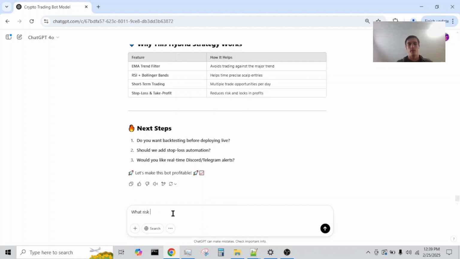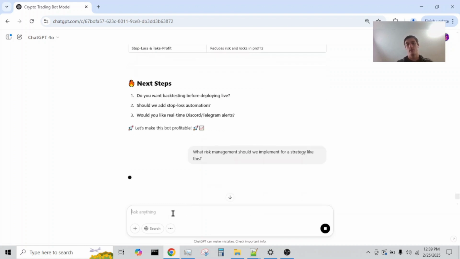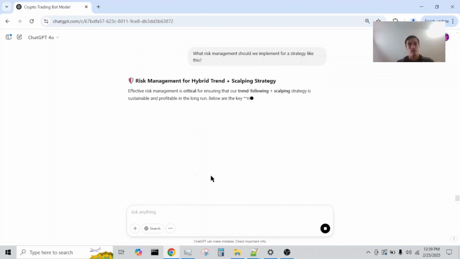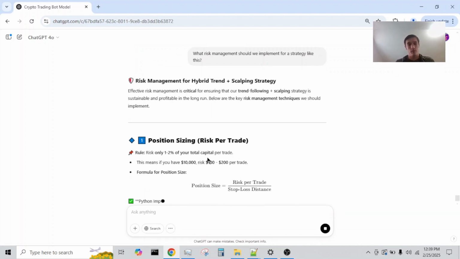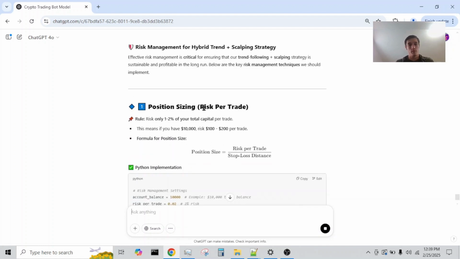What risk management should we implement for a strategy like this? We'll only risk 1 to 2% of our total portfolio.